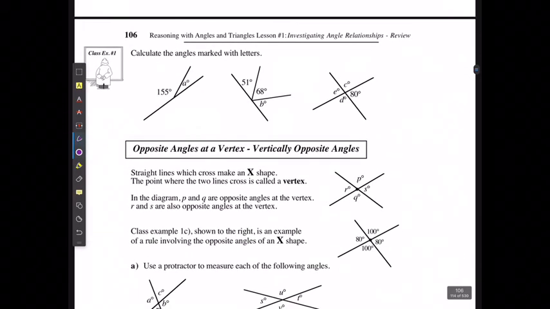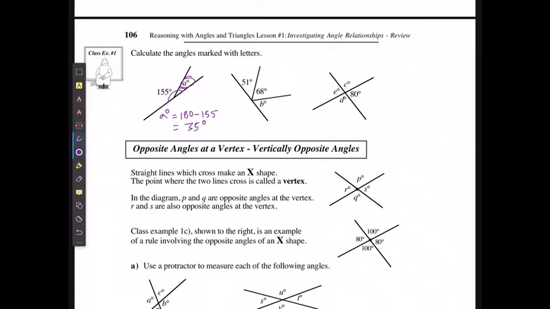So if I know that two angles that exist on a straight line have to add up to 180, then that means that if I'm trying to find an angle on a straight line, I'm just going to say that A degrees is going to be 180 minus 155, which means that this one is going to be 35 degrees.